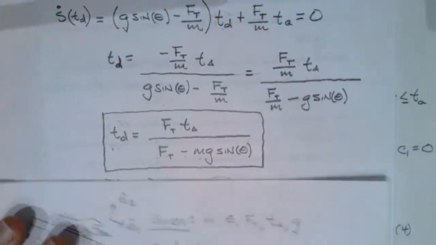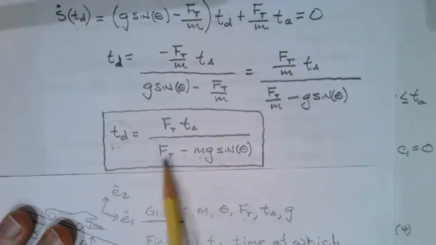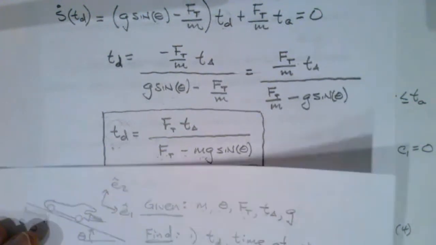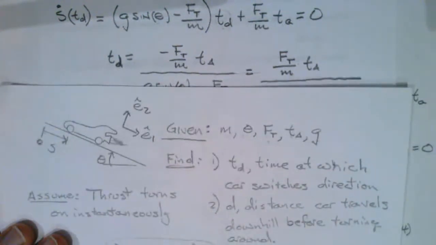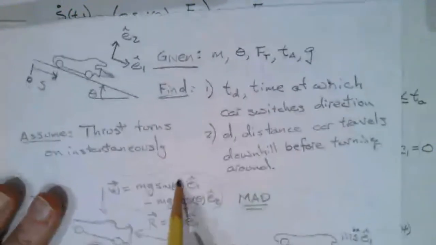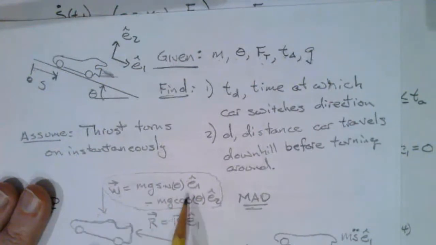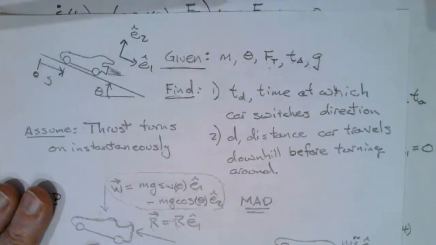Cool. And how about Ft minus mg sine theta? What's mg sine theta again? Ooh, here's mg sine theta. Mg sine theta is the tangential component of the weight. It's the component of the weight in the E hat 1 direction. Well, Ft is the component of the rocket force in the E hat 1 direction.